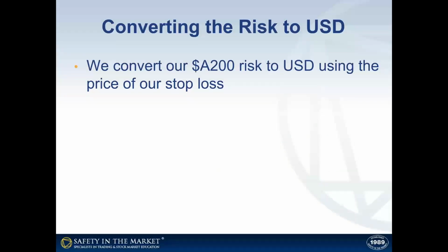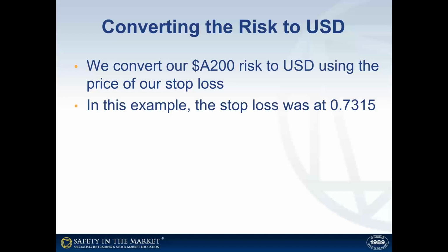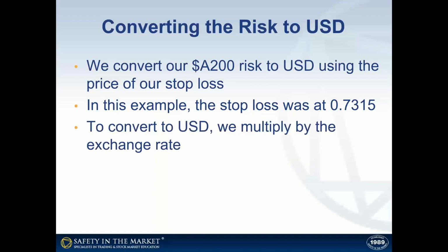So in this case, we convert our 200 Australian dollars risk into US dollars using the price of our stop loss. In this example, the stop loss was at 0.7315, or I normally, when I'm quoting the price, I'll just say 73.15. And to convert this to US dollars, we simply multiply the 200 by the exchange rate, and that gives us 146.3 US dollars.